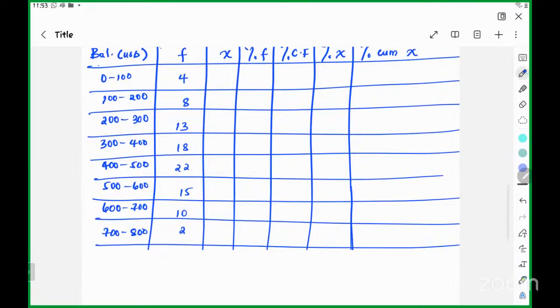May someone help us with X? 50, 150, 250, 350, 450, 550, 650, 750.